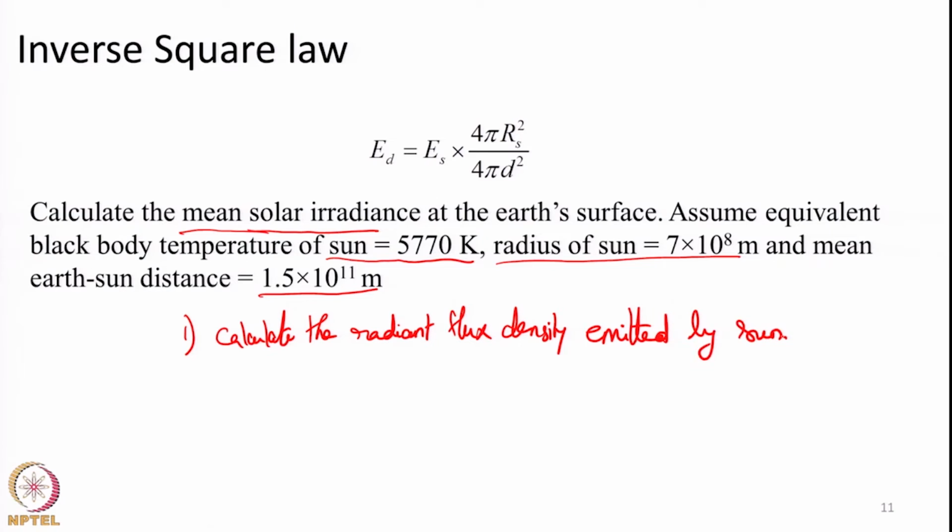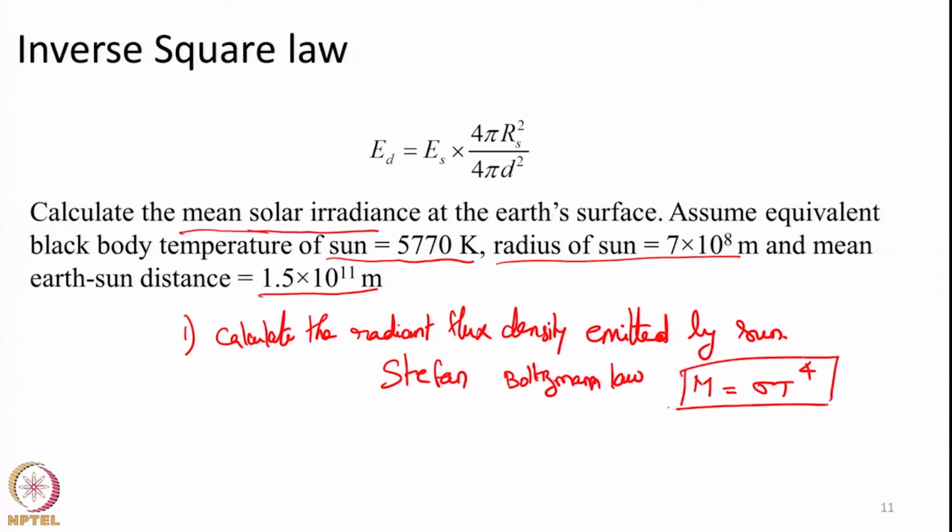We have learnt a law called the Stefan-Boltzmann law, which says the radiant flux density M is equal to sigma T power 4, where sigma is the Stefan-Boltzmann constant. I gave the value in the initial lectures. So, I am just going to substitute the values.